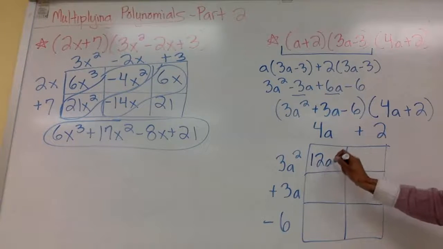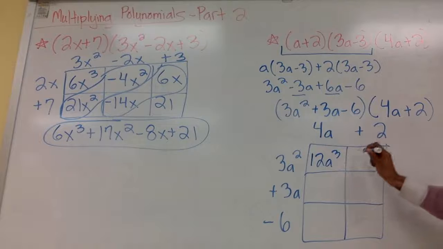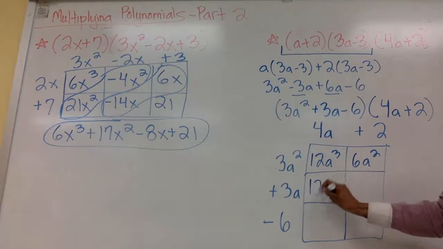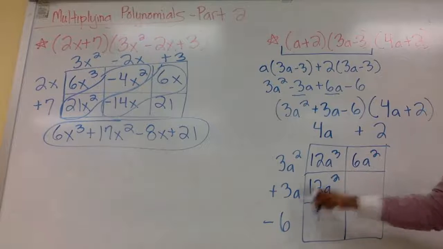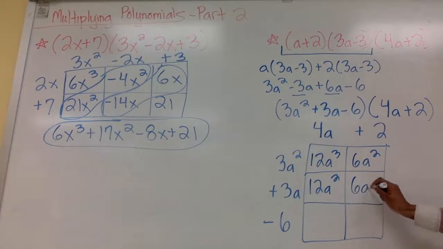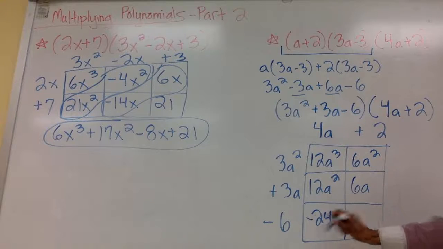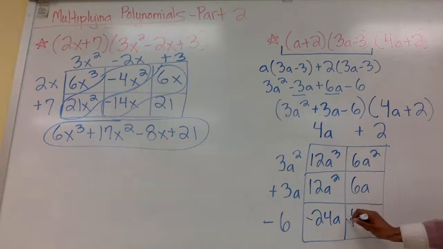So 12a to the third, this times this, 6a squared, this times this, 12a squared, this times this, 6a, negative 6 times 4a, and negative 6 times 2, negative 12. And last but not least, we need to combine like terms so we can write our final answer.